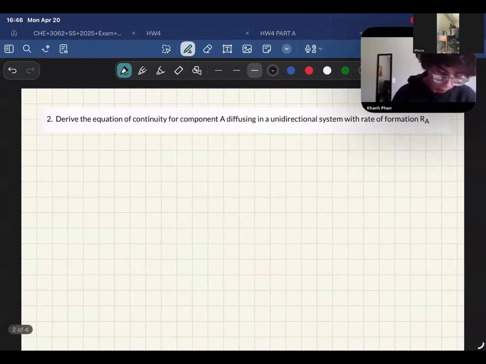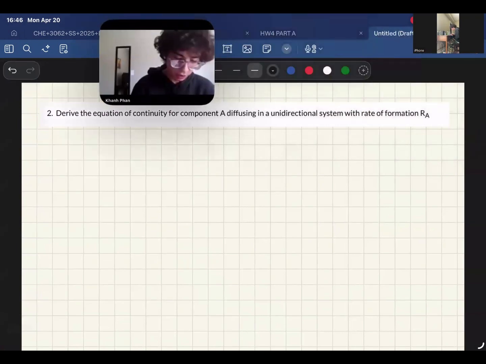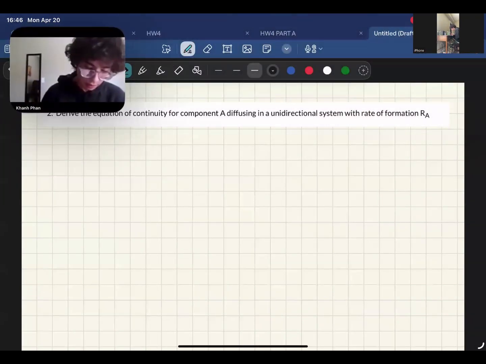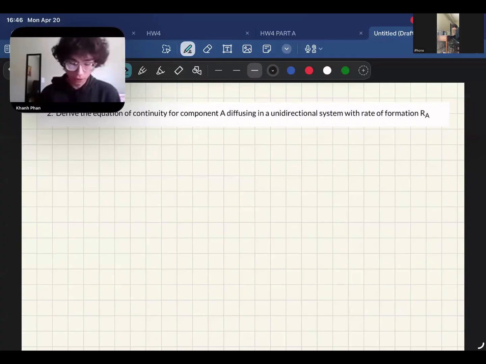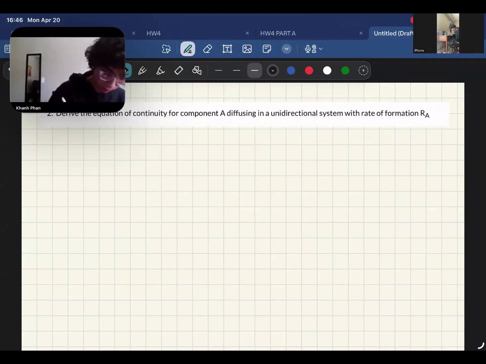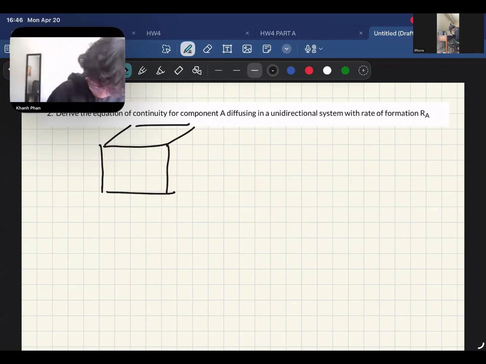So moving on to part B: derive an equation of continuity of component A using a unidirectional system with rate of formation RA. So we're gonna imagine a 3D cube with three directions dx, dy, and dz.